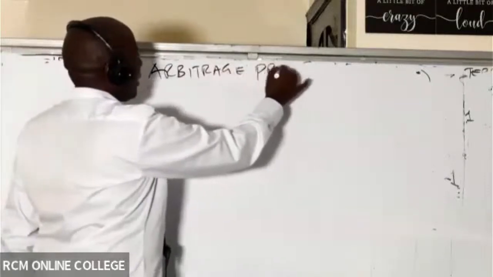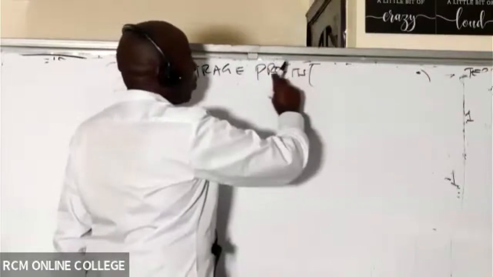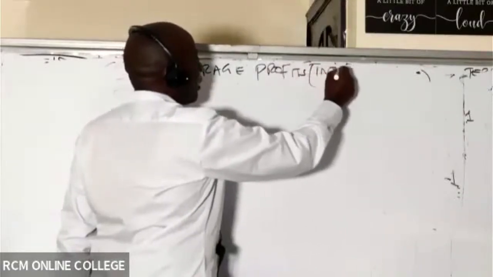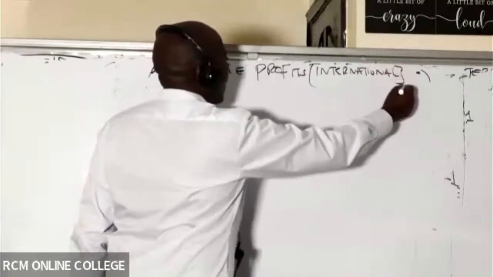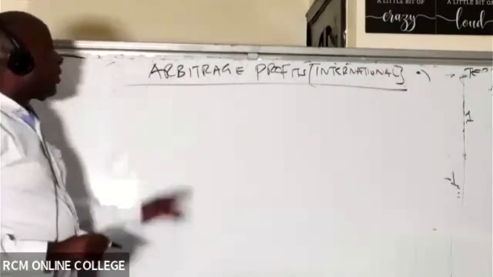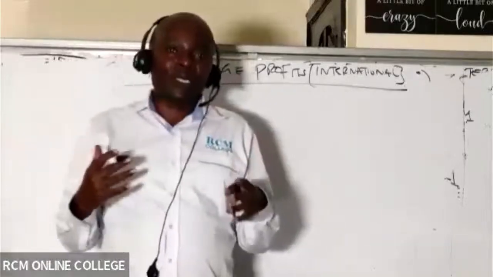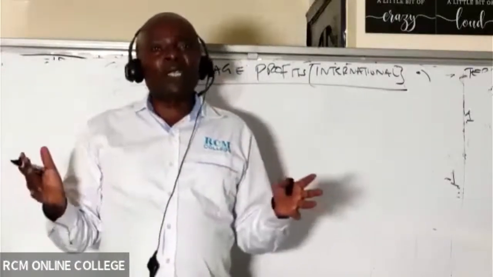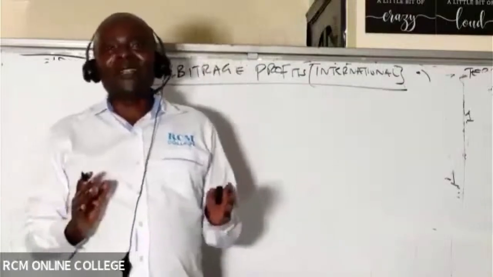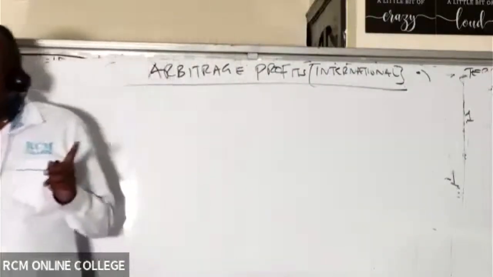Not the ones of mergers and acquisitions, but the international one. We call it international arbitrage. Unfortunately, I would have loved to finish this in 20 minutes, but by the time we finish, it will be more than 1 hour. So don't start celebrating.